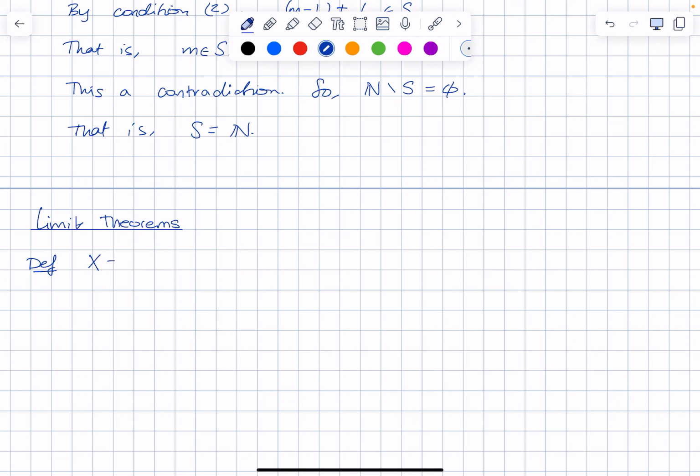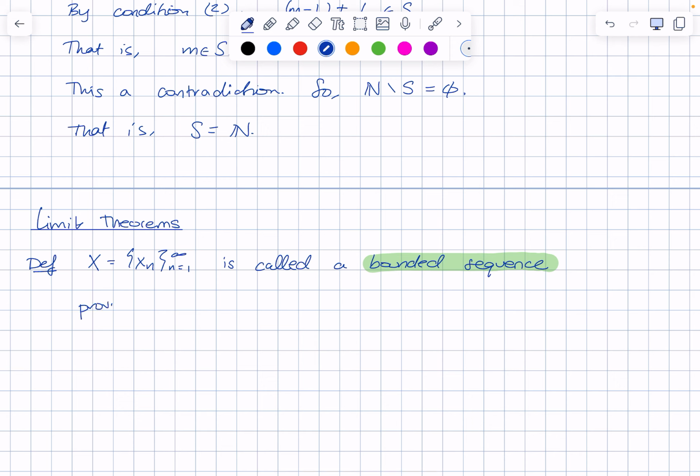So x, which equals xn, is called, let's do proper definition, a bounded sequence provided there exists some m greater than 0 in the real numbers such that, what do we think?